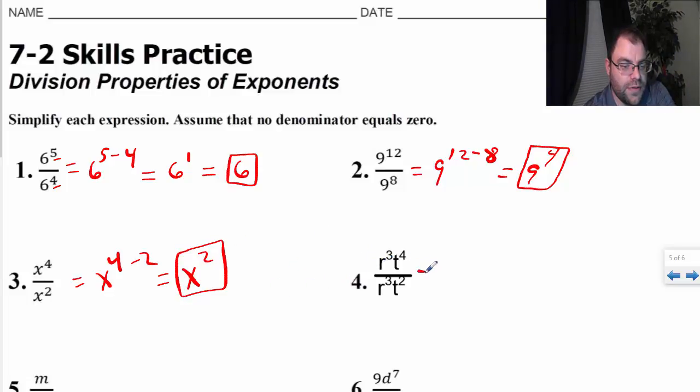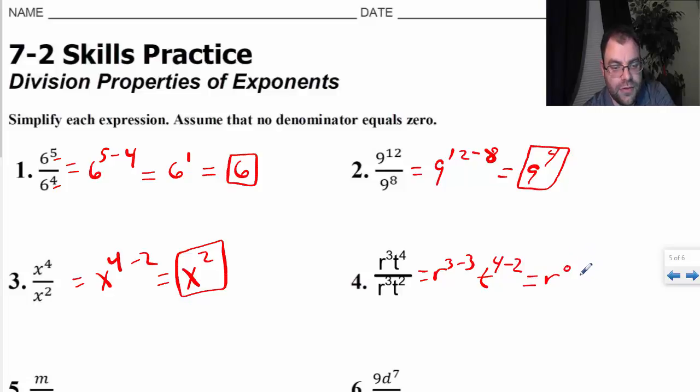Next one. We have two variables here. We have r and t. So we're going to look at the r's first, deal with them first, and then we're going to worry about the t's. So let's take r. This is r to the power of the top minus the bottom, so r to the power of 3 minus 3, times t. Now t, we're going to have the same thing, the top power minus the bottom, so 4 minus 2. 3 minus 3 is going to be 0, so this is going to be r to the power of 0.